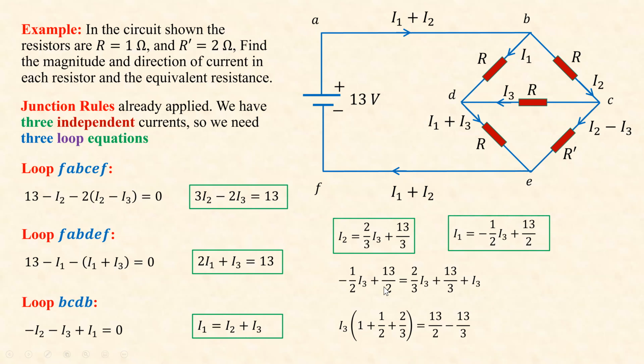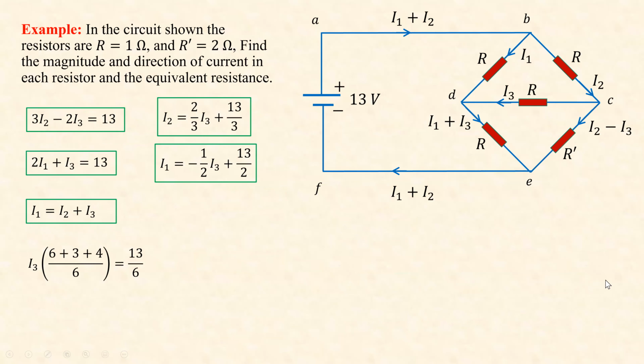And this one comes over, becomes 13/2 minus 13/3. So we get this equation. And then you can make common denominator if you want, or multiply by common denominator. So this is combining these three fractions, and this one is combining these two fractions. 13/6 becomes 3 times 13 minus 2 times 13, so it becomes 13/6.